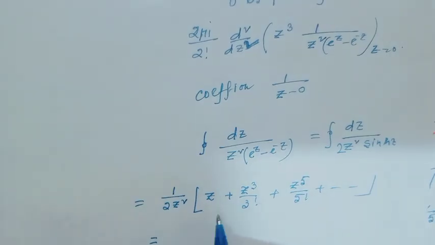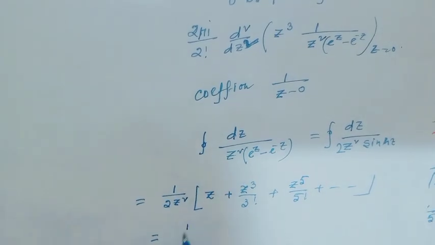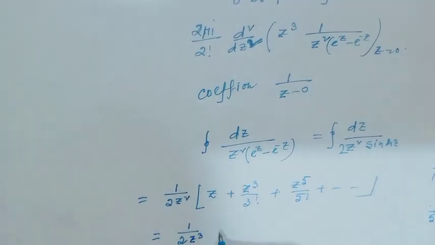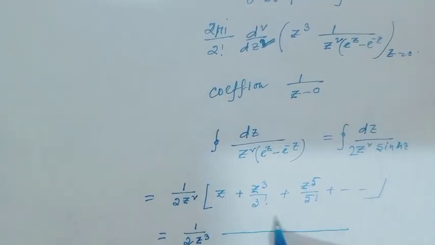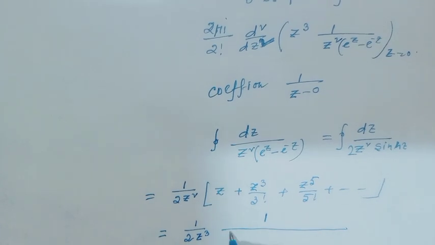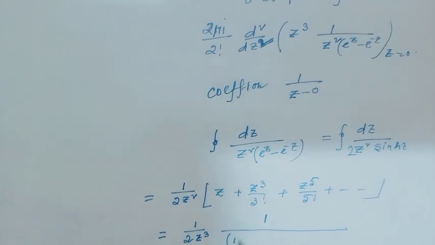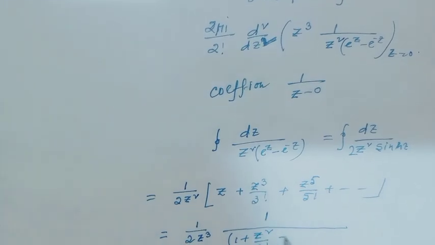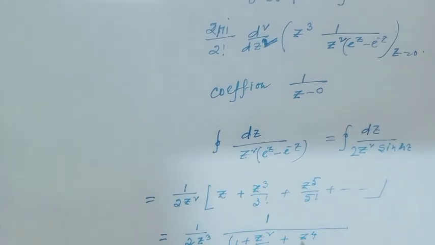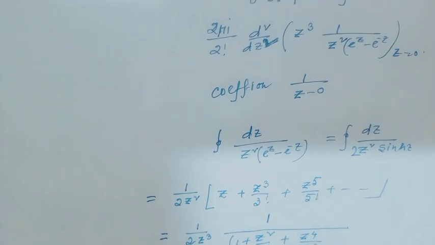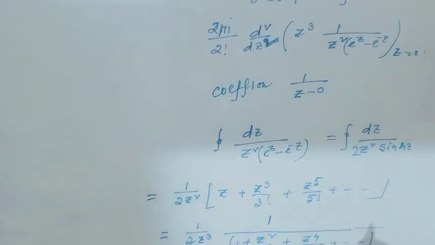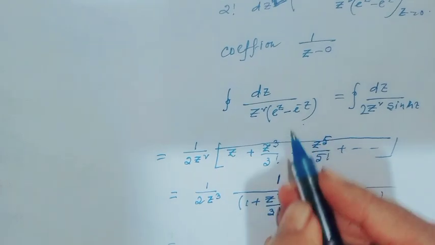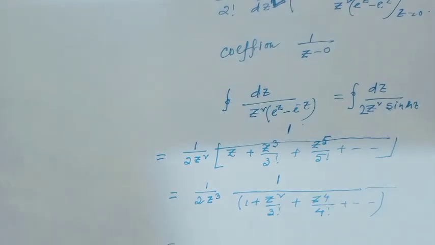Now taking z common, this value would be 1 over 2z cubed times (1 plus z squared over 3 factorial plus z to the power 4 over 5 factorial, and so on).